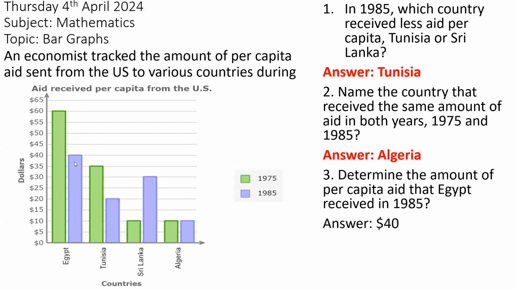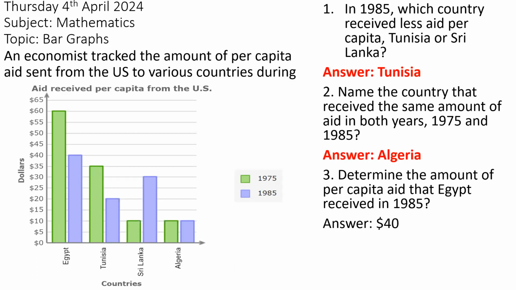But they said 1985, and 1985 refers to the one in lavender. So when they ask how much money Egypt received, we cannot use the green one. We have to use the lavender one.